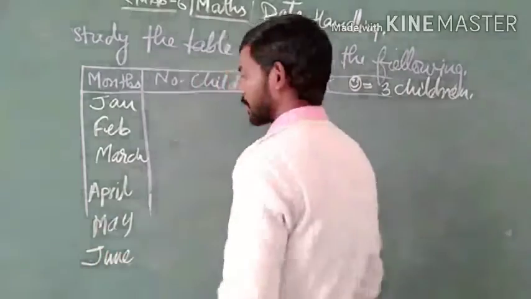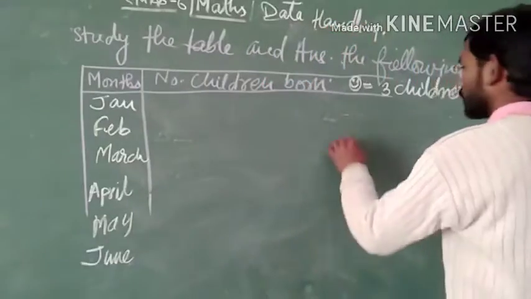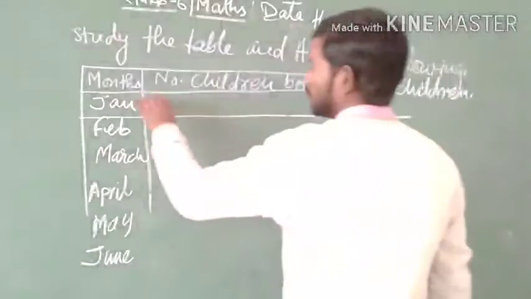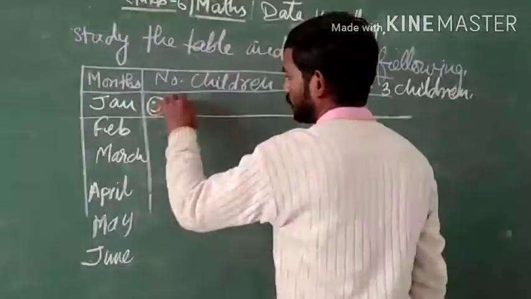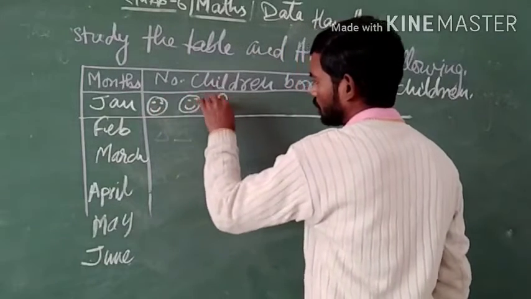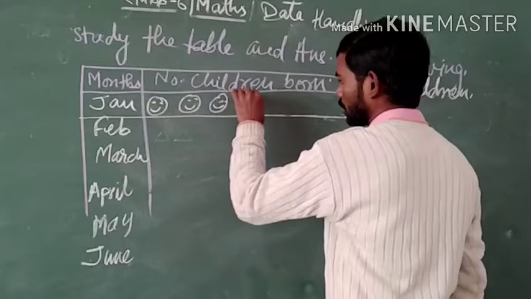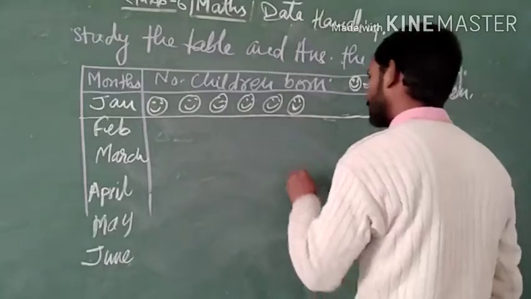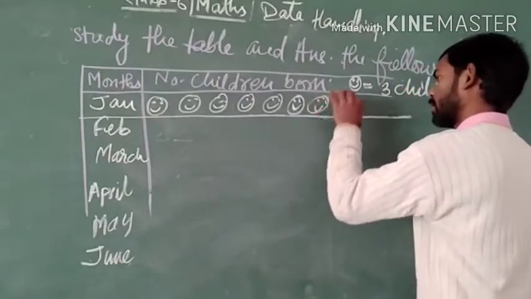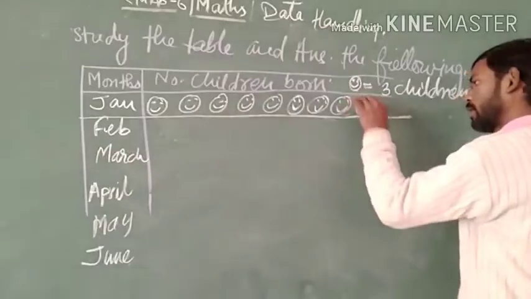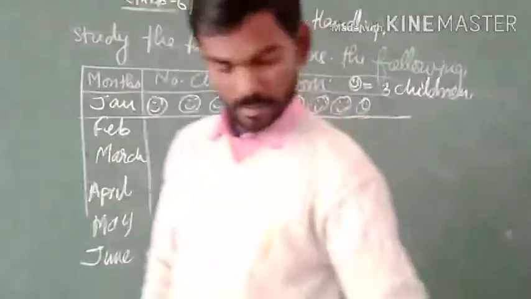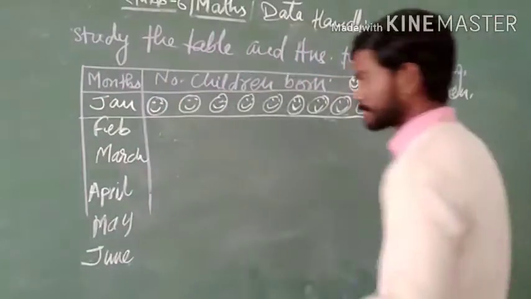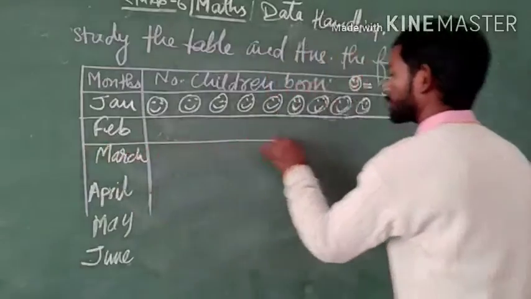There are 6 months. And here the number of smileys is 1, 2, 3, 4, 5, 6, 7, 8 and 9. Similarly, the next is February.